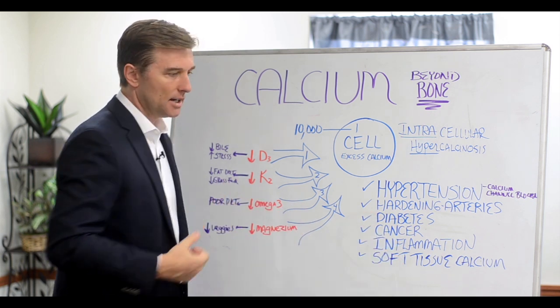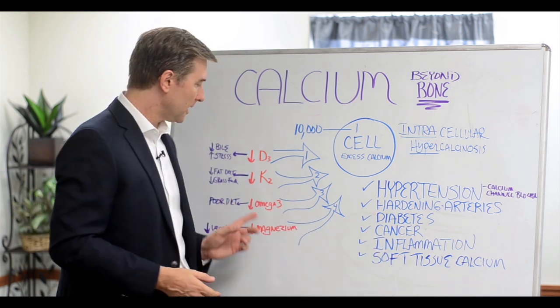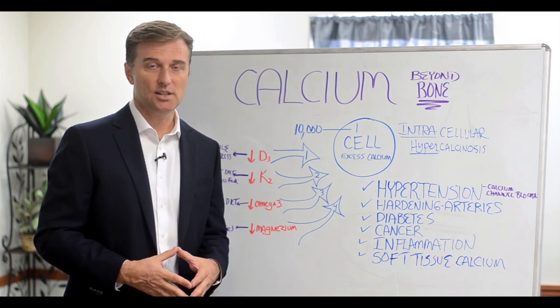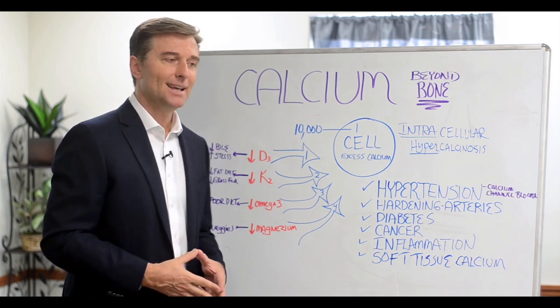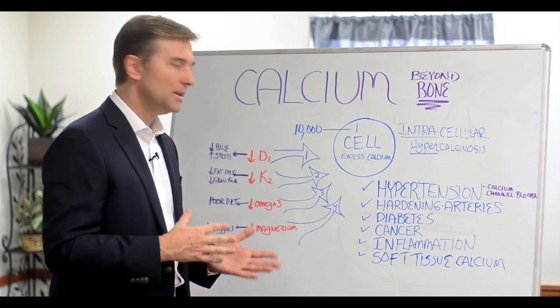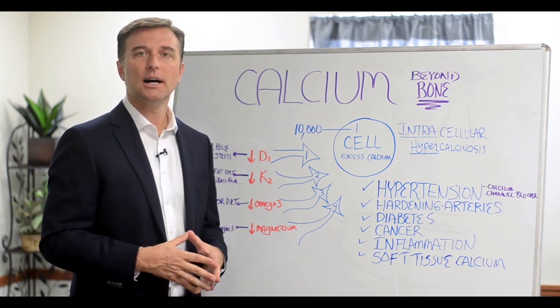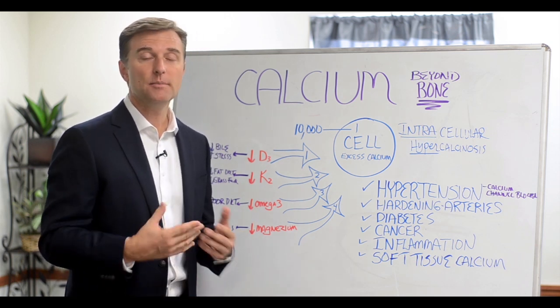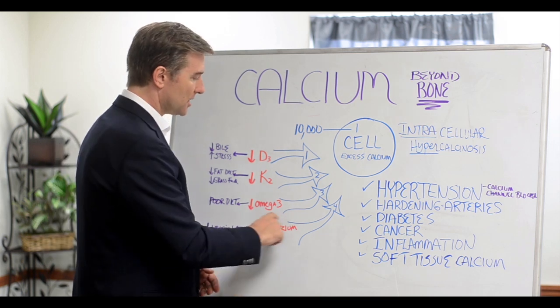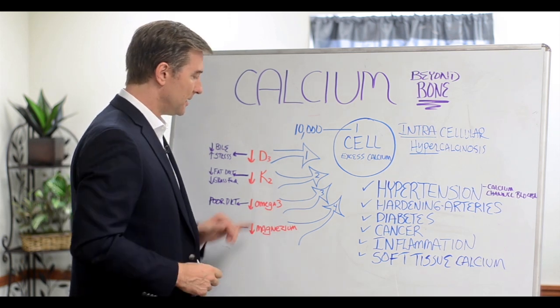Now, poor diet, low omega-3 fatty acids. Now, that's interesting because back in the 1920s, omega-3 was called vitamin F. Vitamin F is another name for these unsaturated fats, which basically is omega-3.